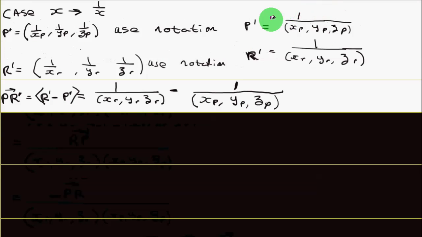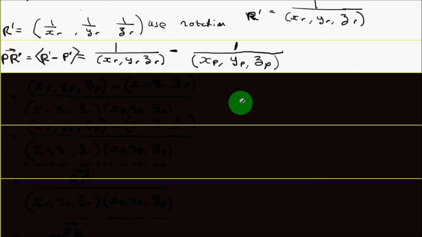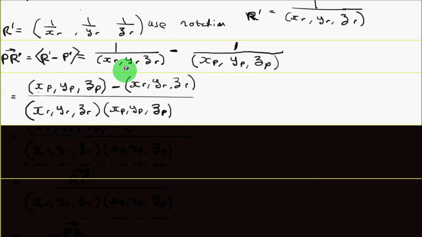Using this notation, the primed vector p to r is equal to 1 over the unprimed point r minus 1 over the unprimed point p, and multiplying out to get a common denominator, in the numerator we get the unprimed point p minus the unprimed point r, divided by the product of the point r with the point p.